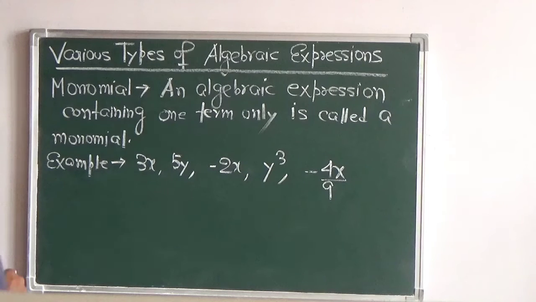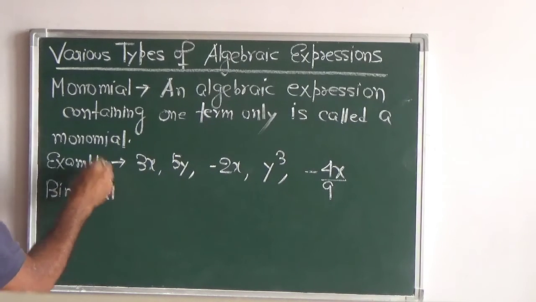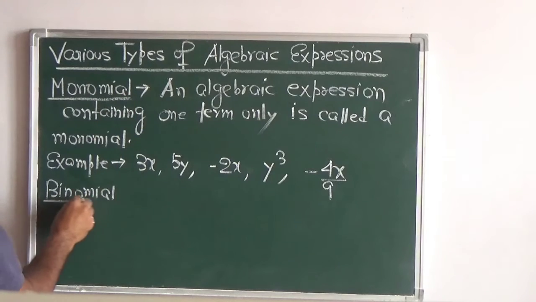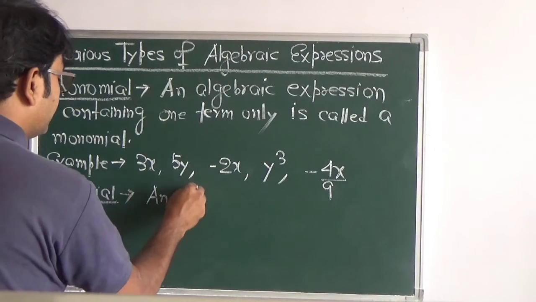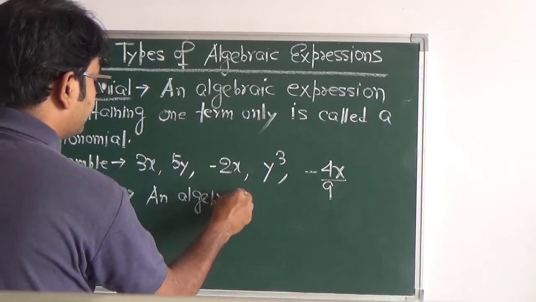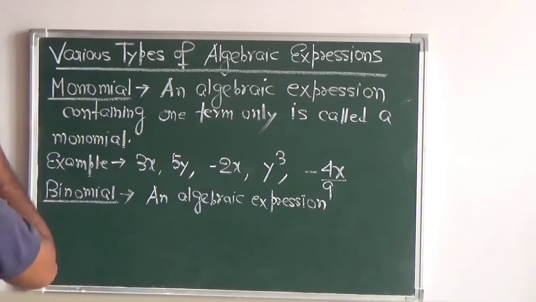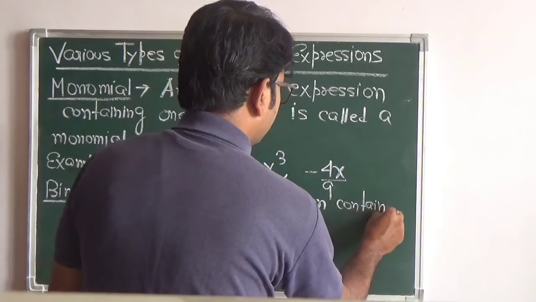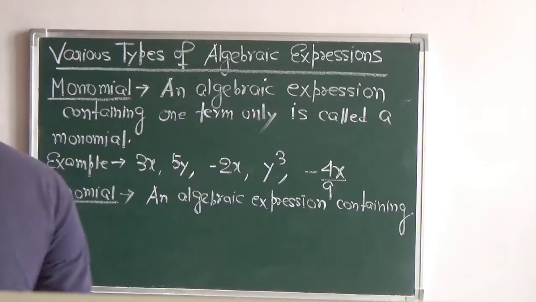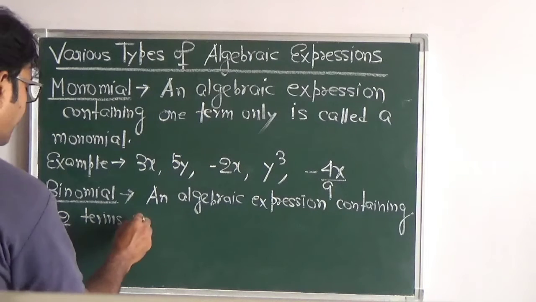Second one, what is a binomial? First one is monomial, second one is binomial. So an algebraic expression containing two terms is called a binomial.